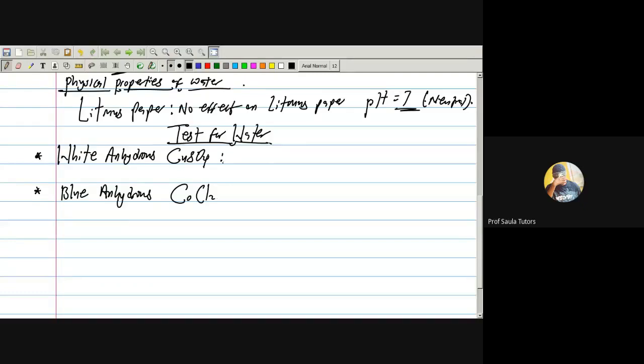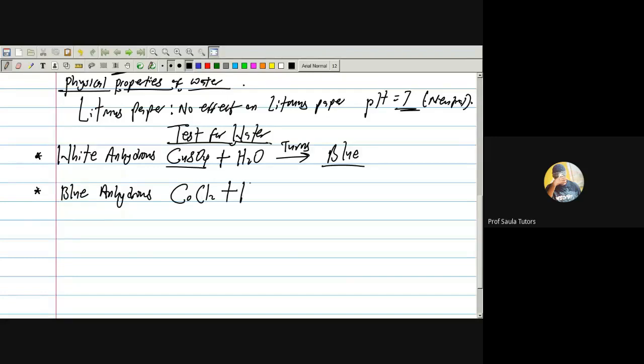Now, what happens if these reagents come in contact with water, H2O? If you add water to white anhydrous copper 2 tetraoxosulfate 6, what color will it give you? Blue. White to blue. Now, the second one, blue anhydrous cobalt 2 chloride.